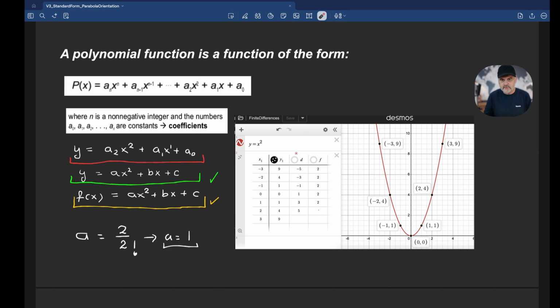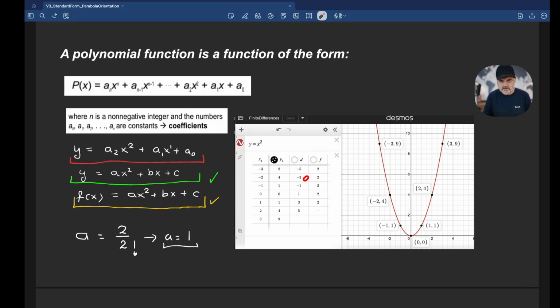So you see that the first differences are not constant, but there is a pattern here. They increase by a value of 2. Then you do the second column of differences, using the first differences as the y values from the previous method.